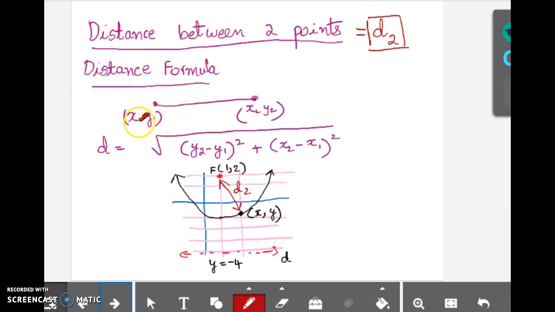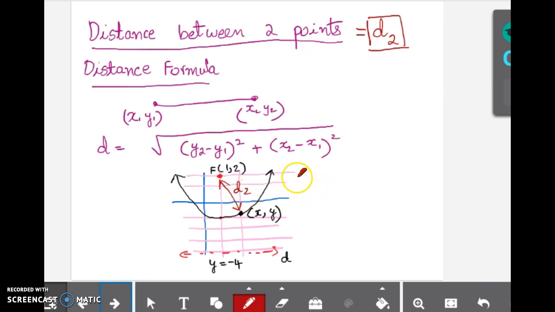If you have two points (x1, y1) and (x2, y2), the distance between them is given by the square root of (y2 minus y1) the whole square plus (x2 minus x1) the whole square. In other words, the difference in y coordinates squared plus the difference in x coordinates squared.